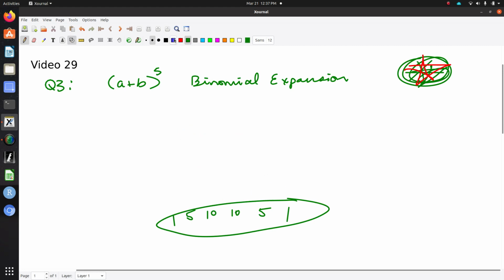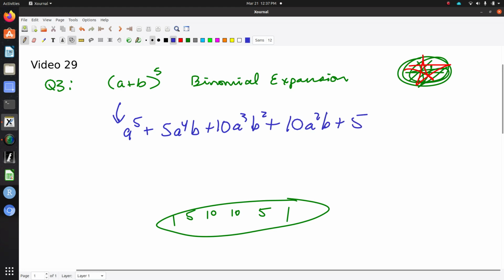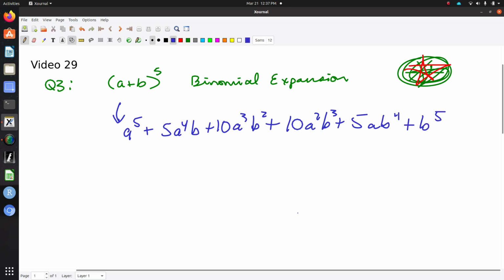And so then I just go ahead and say, okay, this expands into a to the 5th plus 5a to the 4th b plus 10a to the 3rd b squared plus 10a squared b cubed plus 5ab to the 4th plus b to the 5th. So that's how I can do that.